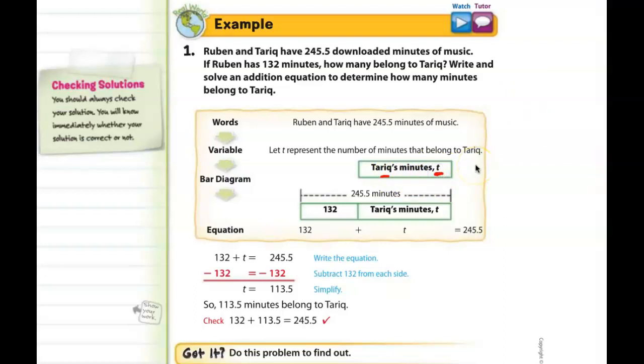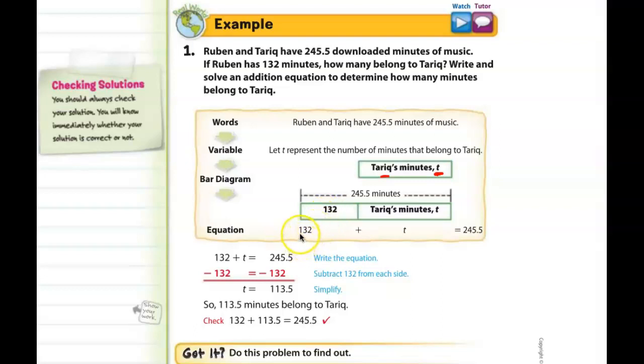Okay, so we know that together they have 245 minutes, so that's why the long bar has been labeled 245 and 5/10 minutes, and we know that the two pieces together are going to equal that. One is the unknown Tariq's minutes, and the other is Ruben, which we know has 132 minutes.